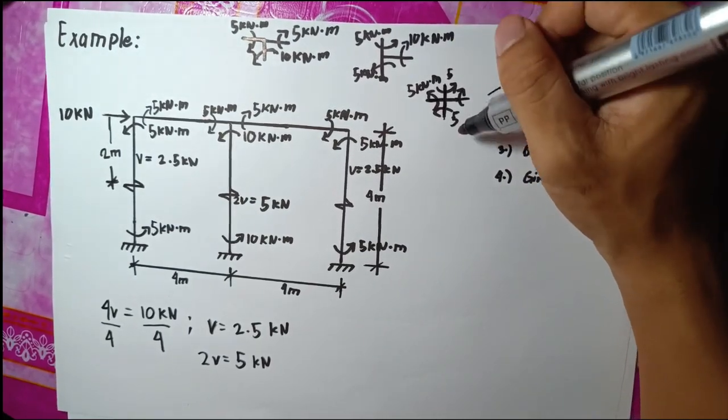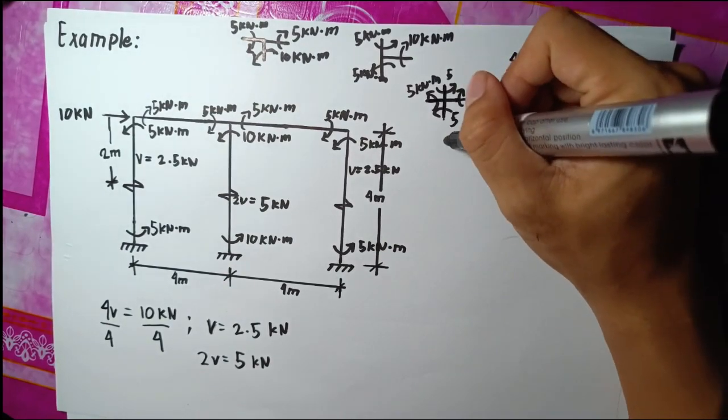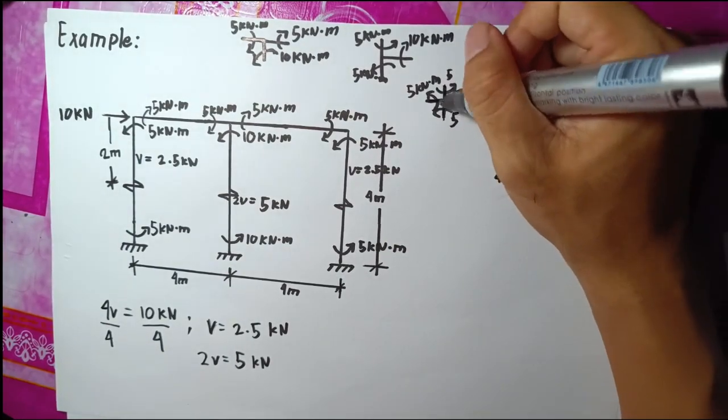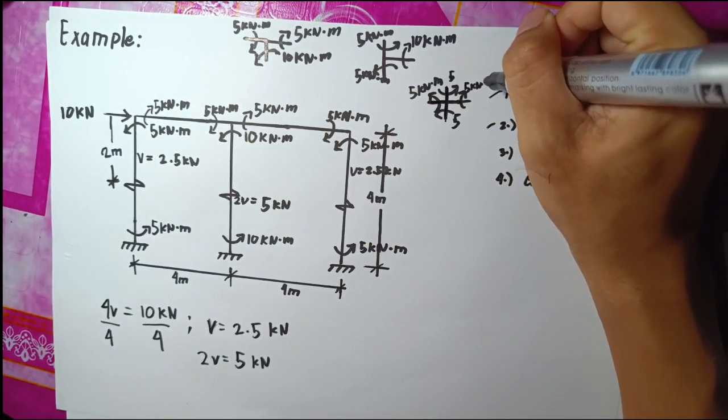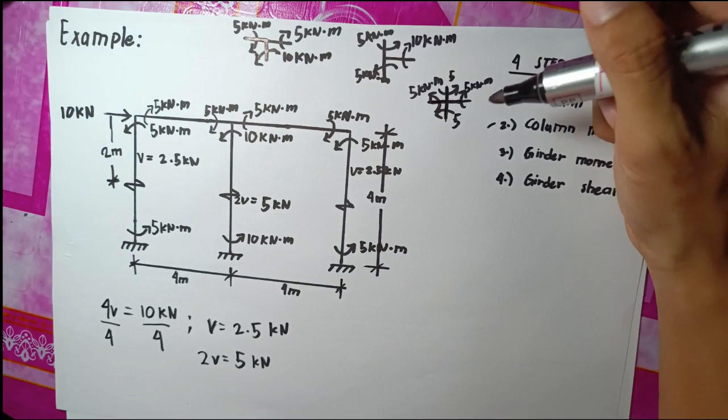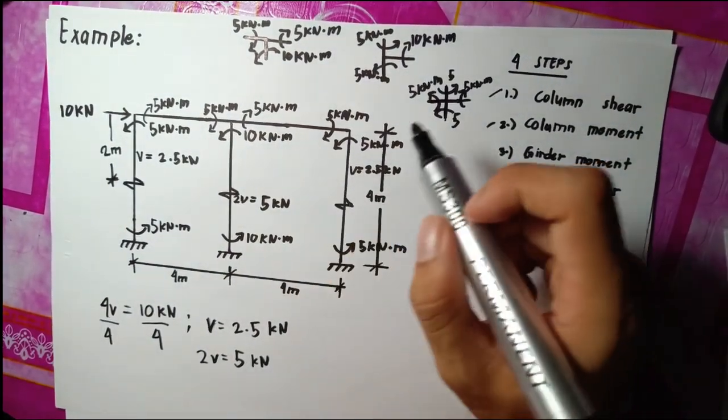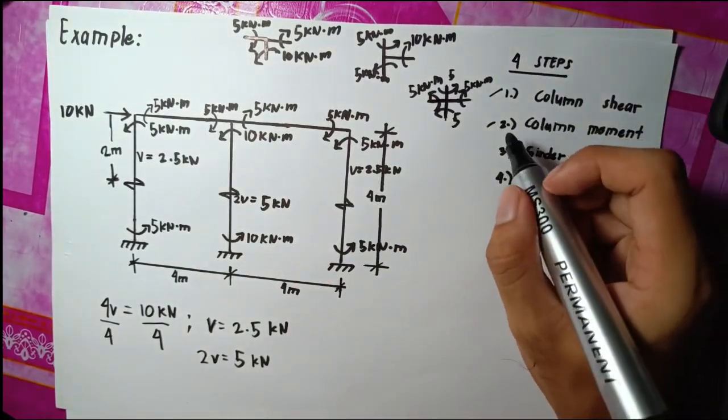So 5 plus 5 plus 10 minus 5, so 5 kN meter. So we're done in the girder moment.